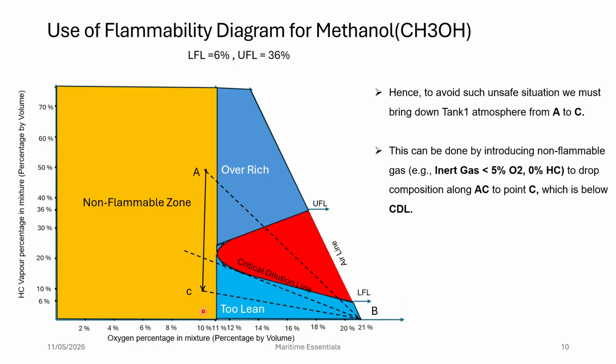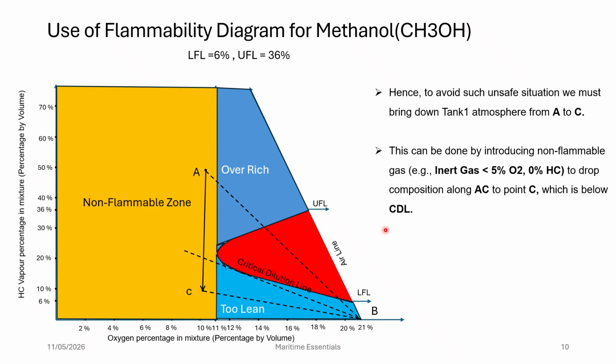This inert gas will not react and will not support combustion. Normally we go for nitrogen, or if the cargo is not that sophisticated, we can use flue gas or carbon dioxide.